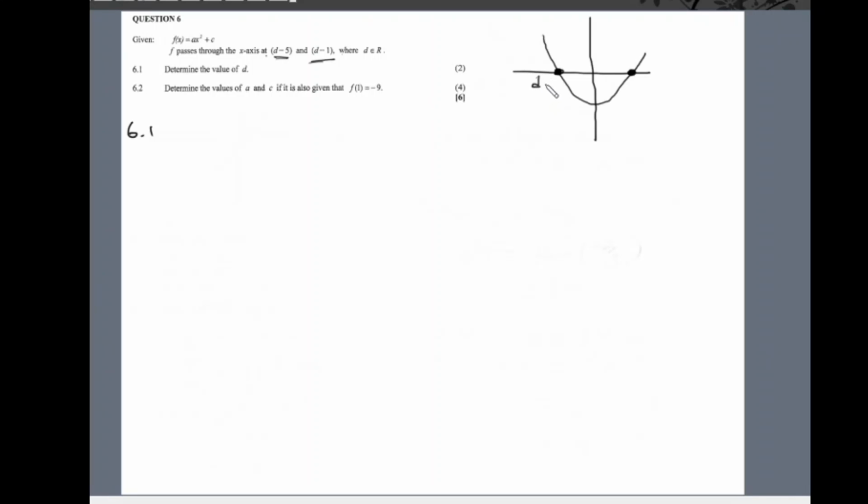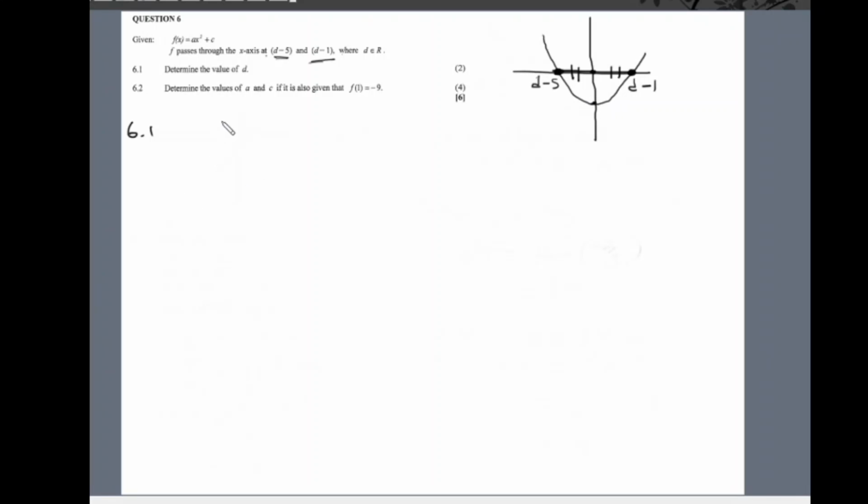Here we'll have d minus 5, and here we'll have d minus 1. Notice we have our y-axis as the axis of symmetry, meaning the distance from the origin to this point is the same as the distance from the origin to that point. These two lengths are the same because the y-axis is the axis of symmetry.